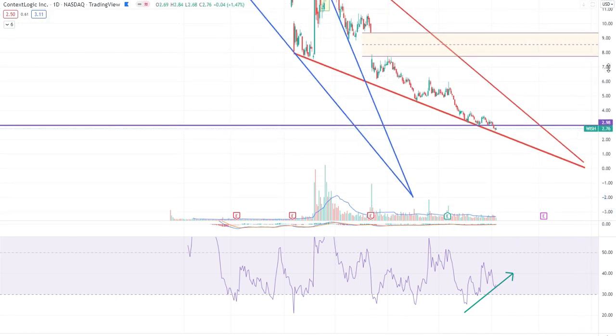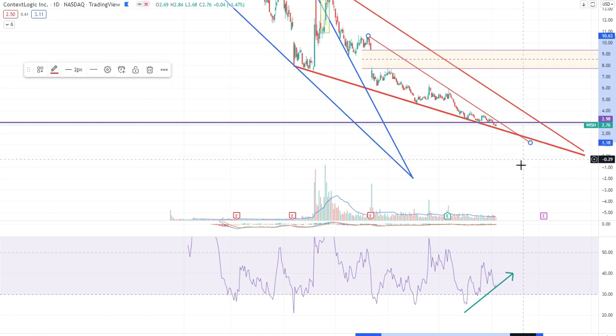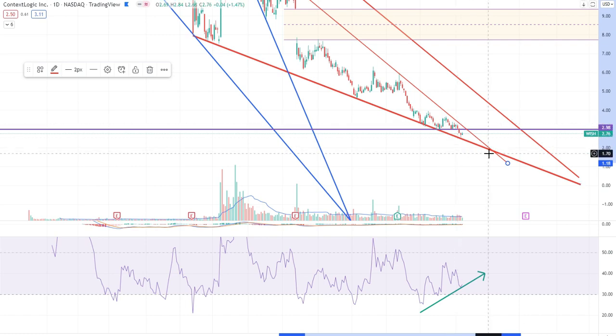But we can see here that we also have this trend line here, this one, which in my opinion will be broken pretty soon, before the end of January.